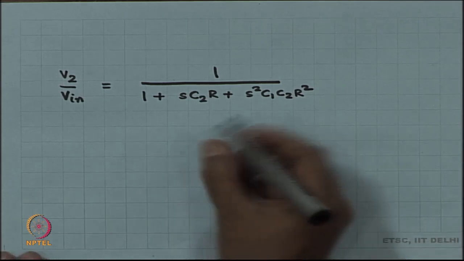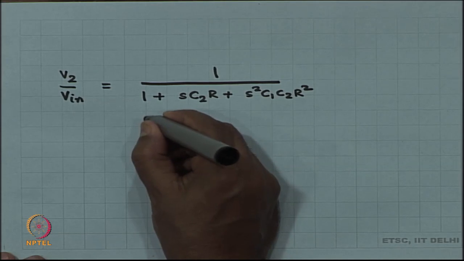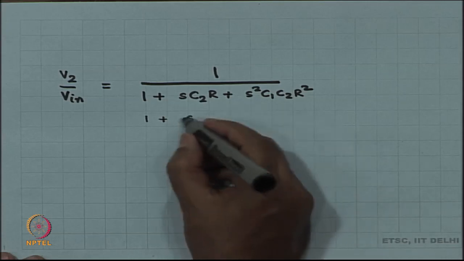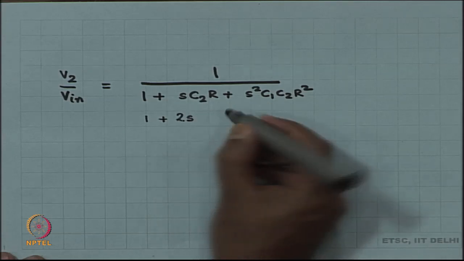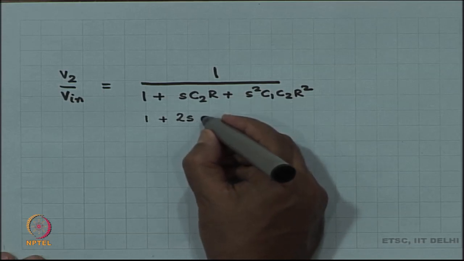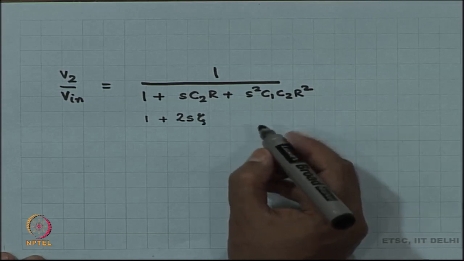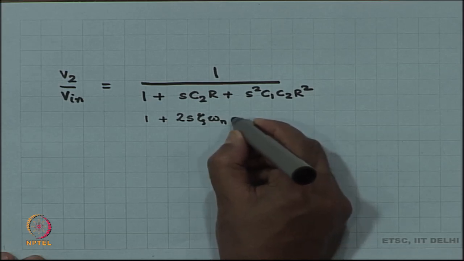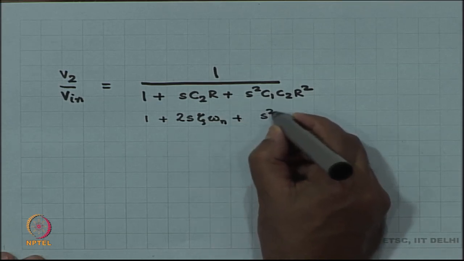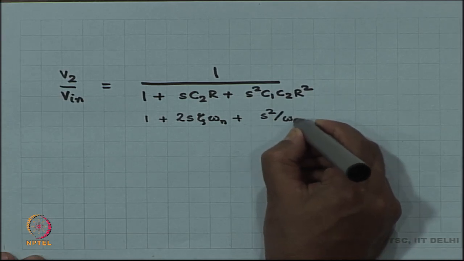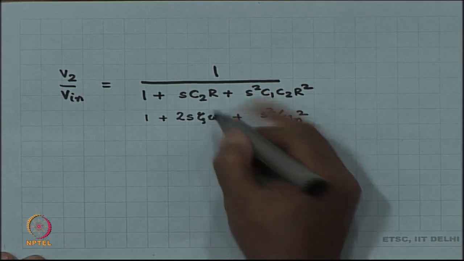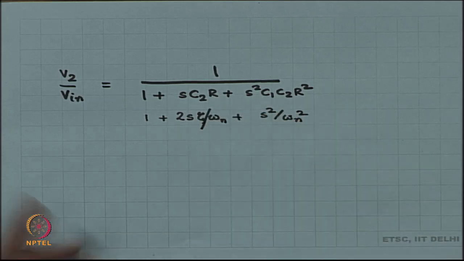Okay. Remember, the denominator looks somewhat like this, right, 1 plus 2 times S, what was it, zeta, omega n. Something like this.